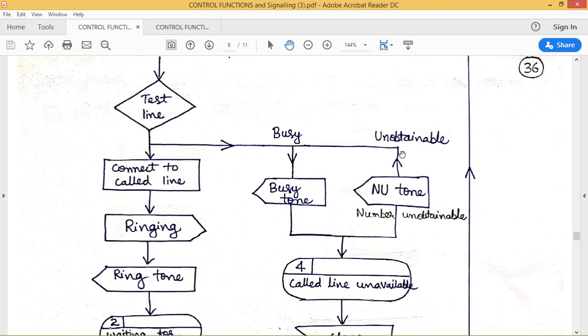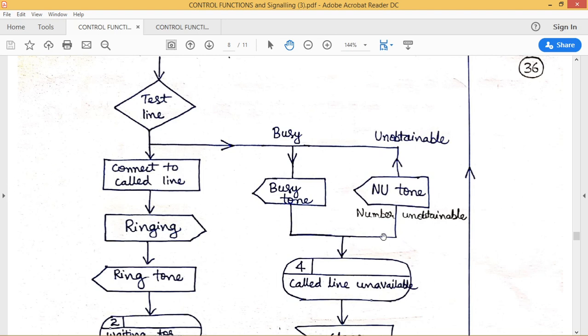So in that case, this arrow should be in this direction. This arrow should be opposite to that shown in this figure. So in that case, the number unobtainable tone should be sent to the calling person. So he is not available, that message, or that tone, should be sent by the exchange to the calling person.